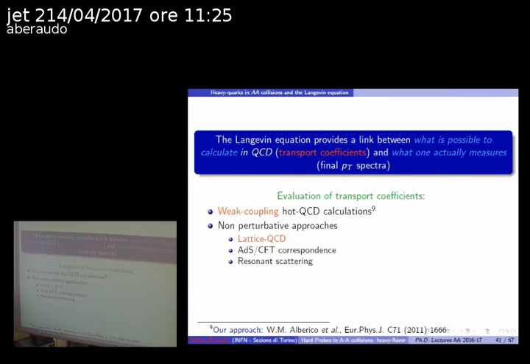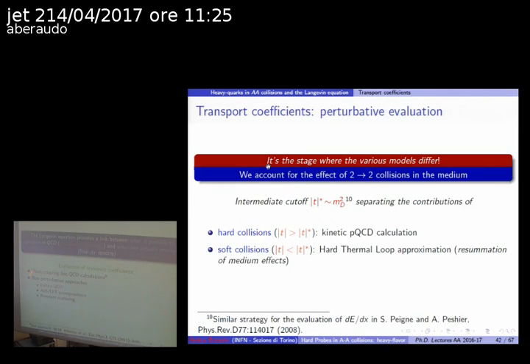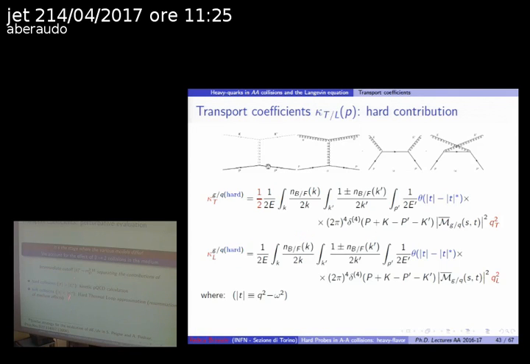Okay, so I will just sketch the result of two of these approaches. The first kind of approach is to evaluate this transport coefficient as coming from 2-to-2 collisions, in which one can provide a separate treatment for hard collisions, in which I exchange a large momentum, and soft collisions, in which I exchange a soft momentum, by introducing some intermediate cutoff of order of the Debye mass.